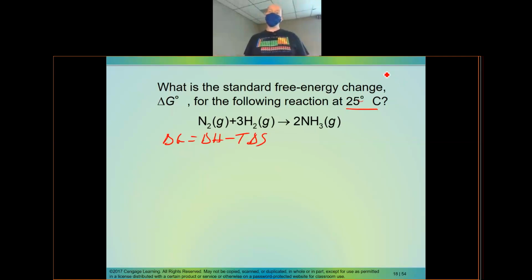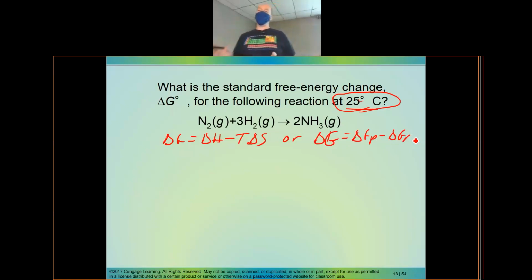If they do give you a delta G chart, and the temperature is 25, this is the case where you could use that one, or you can do delta G is equal to delta G products minus delta G reactants. So when you're at 25 degrees Celsius, you can use either one. If you are not at 25 degrees Celsius, you can only use delta G is equal to delta H minus T delta S.